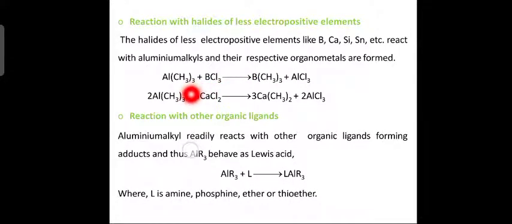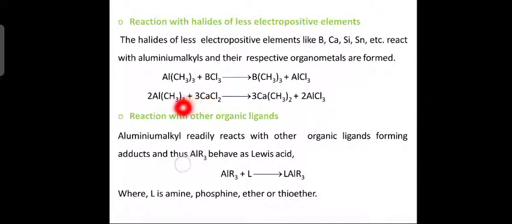For example, trimethyl aluminum combines with boron trichloride giving trimethyl boron. The bond will break here, boron and trimethyl will combine to give trimethyl boron, and aluminum will combine with the chlorine to give what? Aluminum chloride.